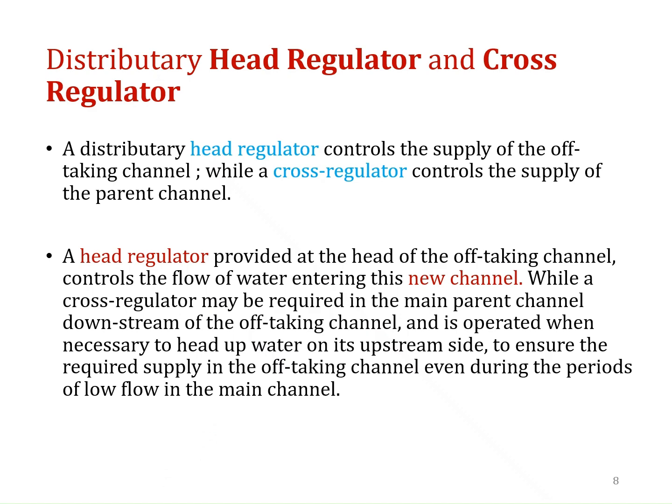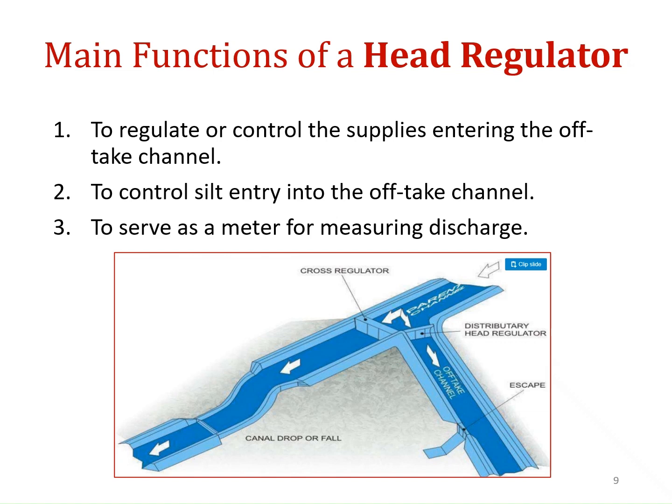Okay, so looking into the head regulator a little bit more in depth, the main functions of the head regulator. Again, the head regulator is right here on the off-taking channel. First, to regulate or control the supplies entering the off-taking channel. So you close the gate and you let the water flow into the off-taking channel. Second, to control the silt entry into the off-taking channel.